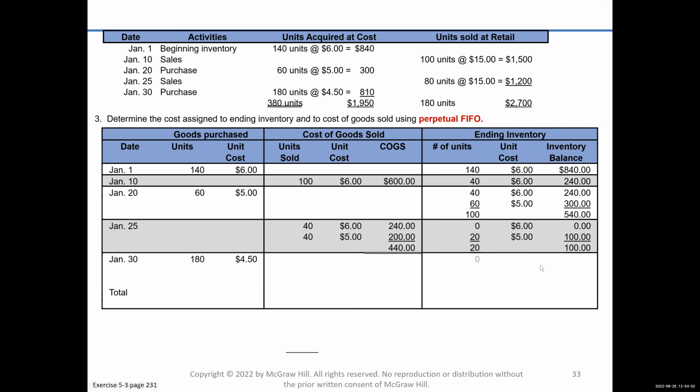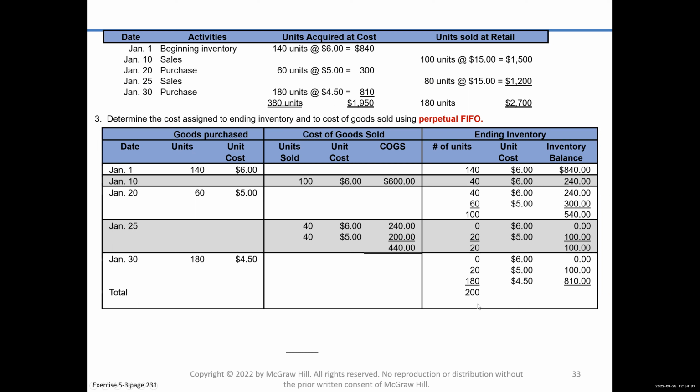But I guess they want you to see it, but there's nothing there. But we do need to carry down this layer, right? Because we got 20 at 5. So we got 100. We're bringing down the layer, and now we purchased 180 more. We're going to add that to ending inventory and create another layer of 180 at $450, which would be $810.